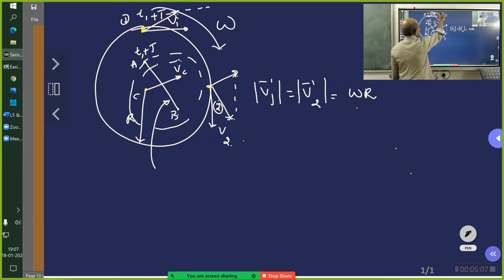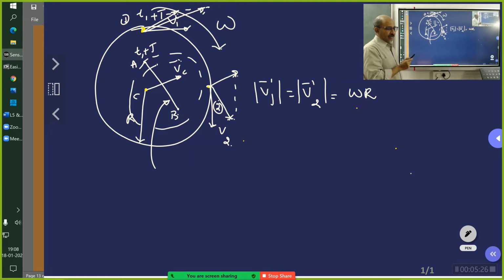The center of mass will have only one velocity component in this case.